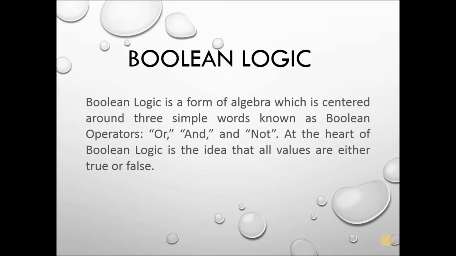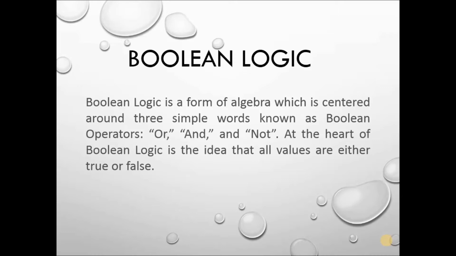At the heart of Boolean logic is the idea that the values are either true or false. That means after execution of the expression, you will get only one result, that is either 0 or 1. If it is 0, then it is said false. If it is 1, then it is said true. That is the Boolean logic.